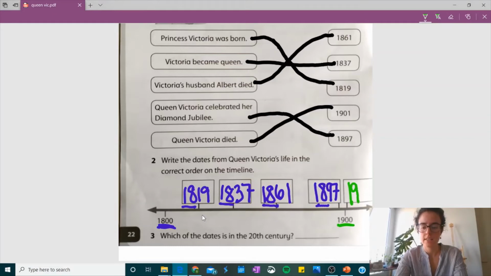That's right, 1901, when Queen Victoria dies. So we have the 1800s, 1819, 1837, 1861, 1897, and then we pass to the 1900s, 1901, the first date and the only date for Queen Victoria in the 1900s.